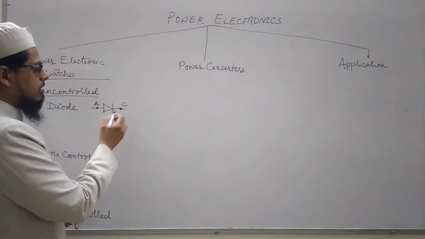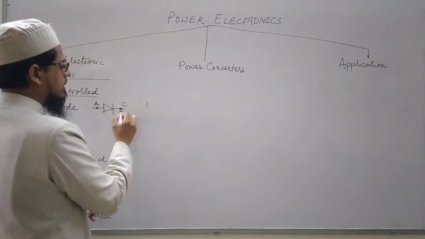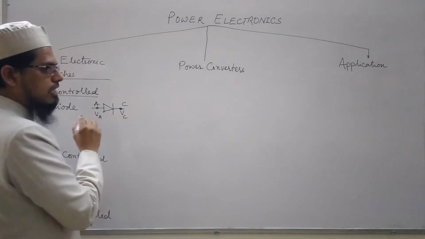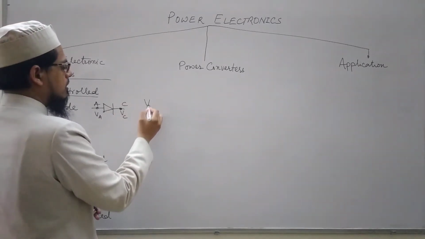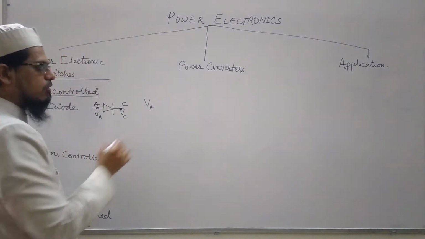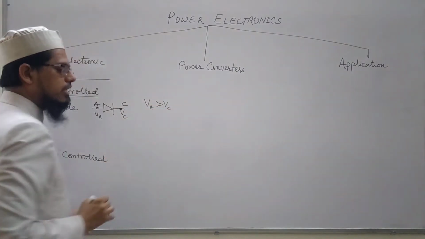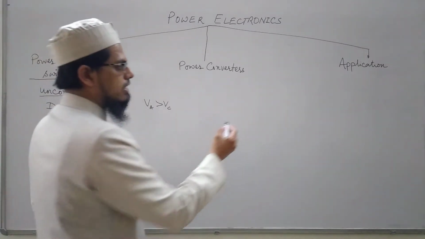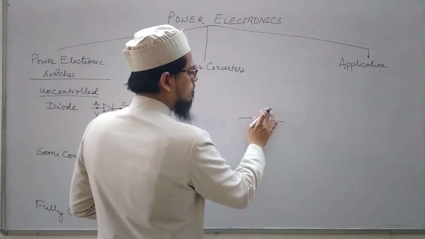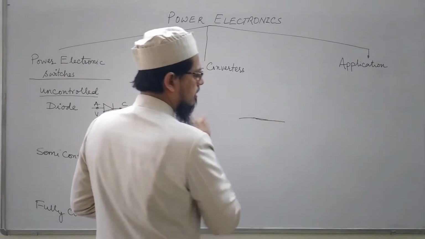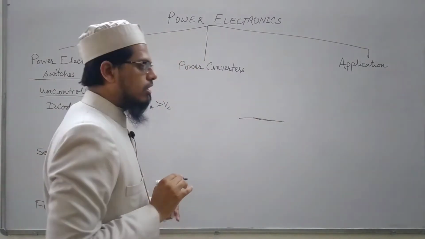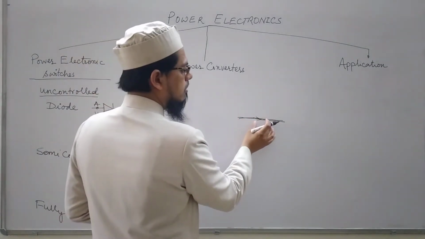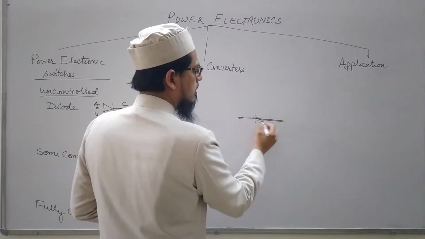If the voltage here, say this is VC and this is VA, this diode will be conducting when the voltage at the anode is greater than the voltage at the cathode. When it is conducting, it is as good as a mechanical switch being on. It is conducting, and ideally there shouldn't be any voltage drop here.